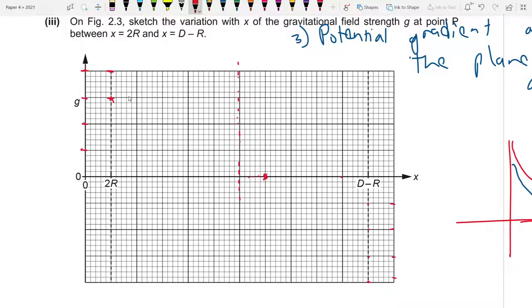So let's go with neutral point over here. Right, it looks good. Doesn't have to be absolutely perfect, but it should be something like this.